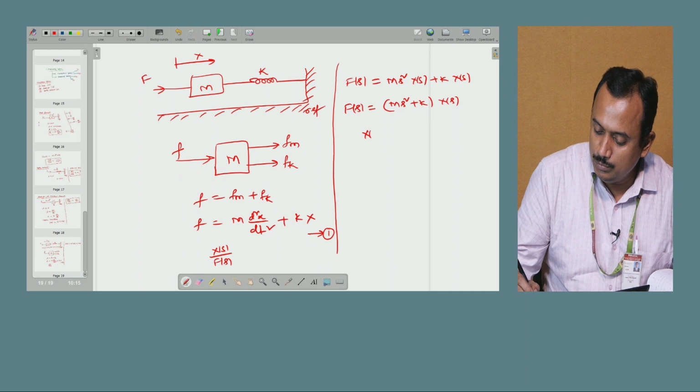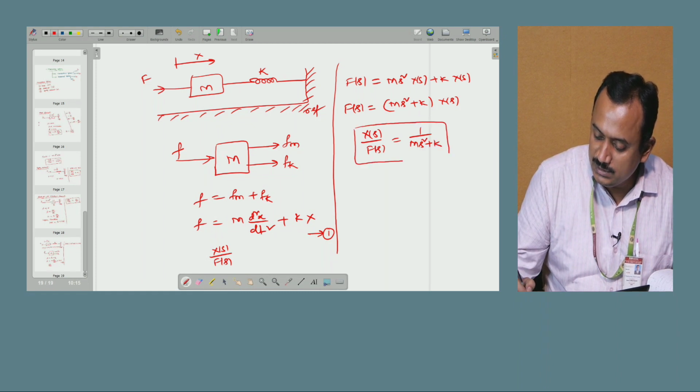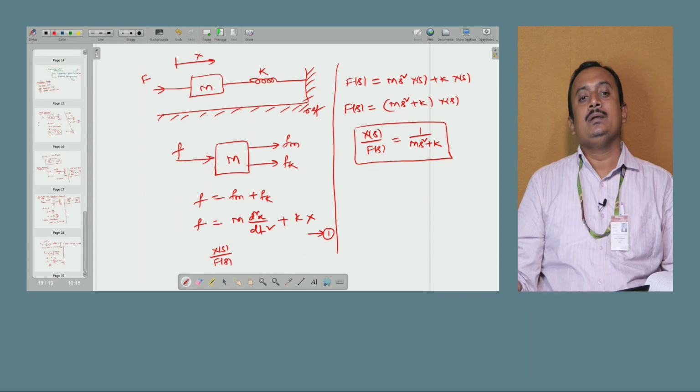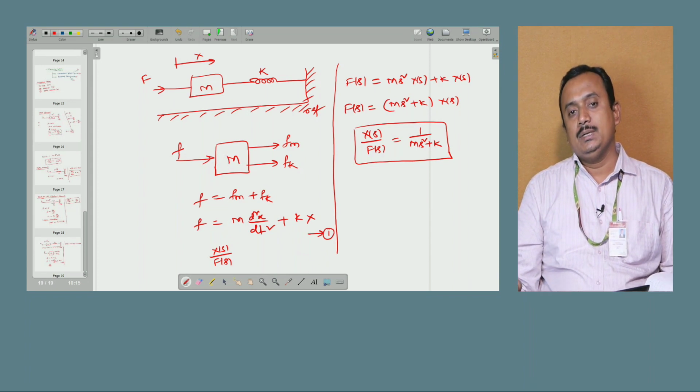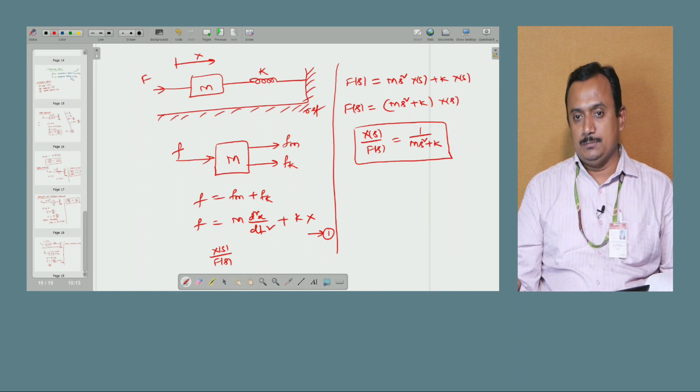So now the output x of s by F of s becomes 1 by m s square plus k. So this is how we are going to find the transfer function for the given mechanical system having a combination of these elements like mass, spring constant, and also the dashpot.